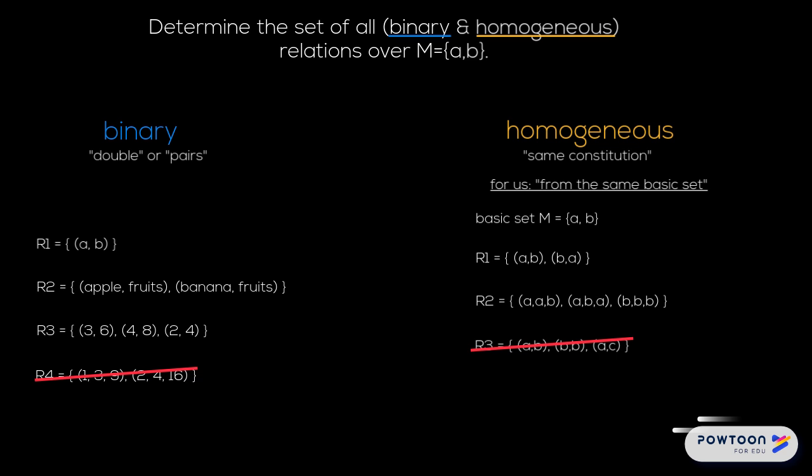Important is that you say on what set the relation is homogeneous. This makes sense, doesn't it? Both of the properties are easy to understand. So hopefully you are now able to solve the whole task.